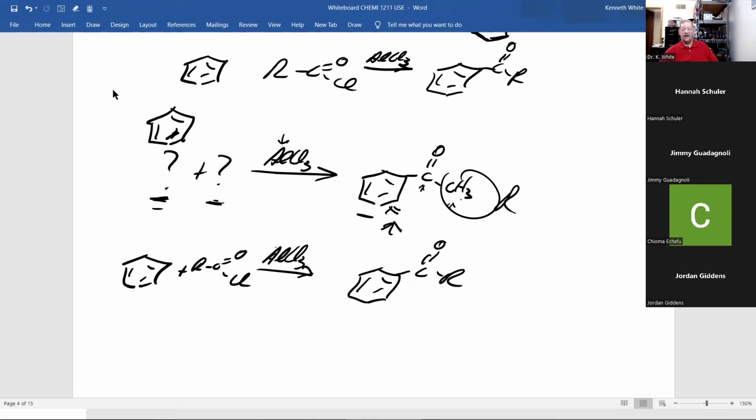Then here's my R group, methyl. And that acid chloride, this right here, is the other thing you react to make this molecule. And that's how you do it.